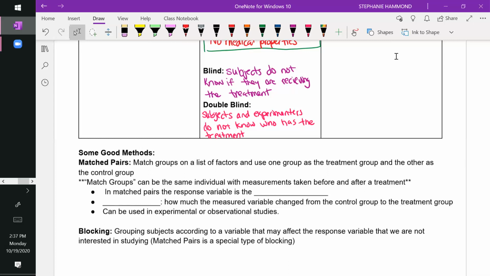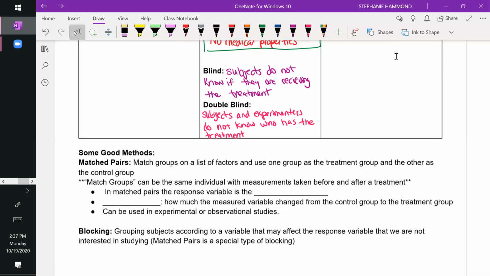Another way that we can do matched groups is to actually match people to themselves. Meaning, you take one person, you measure whatever you're wanting to measure, like maybe you're measuring their weight, and then you perform your treatment. You give them a diet supplement. And then you measure them again after that treatment is complete.